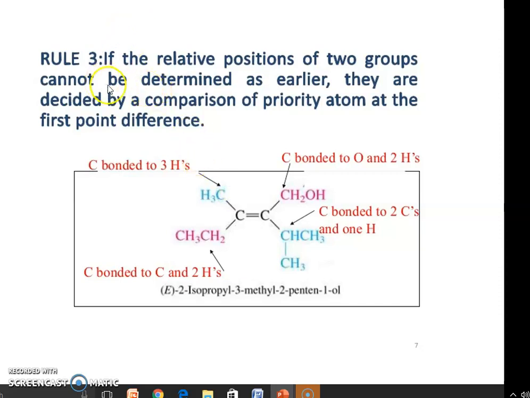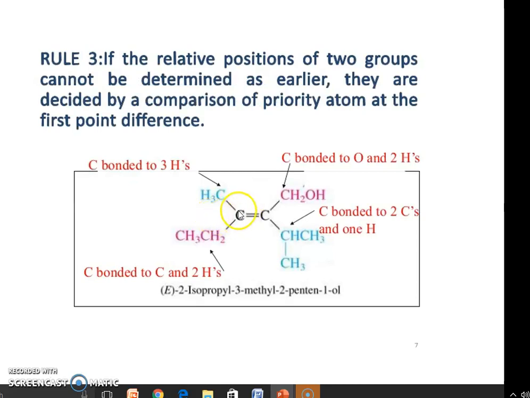In rule 3, if the relative positions of two groups cannot be determined by the earlier two rules, not by atomic number or mass number, then the priority is decided by comparing the atoms at the first point of difference.